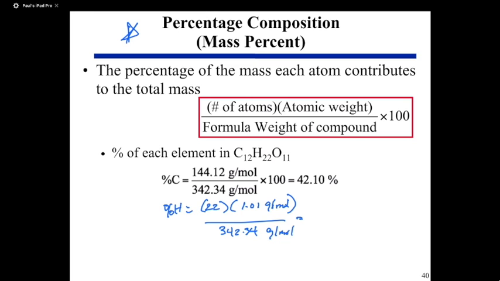Then we get 22 times 1.01, 22.22, over 342.34, times 100, 6.49%. So there are more hydrogens there, numerically. That's the largest number of atoms, but they weigh the least, and so they contribute the least to the percentage.